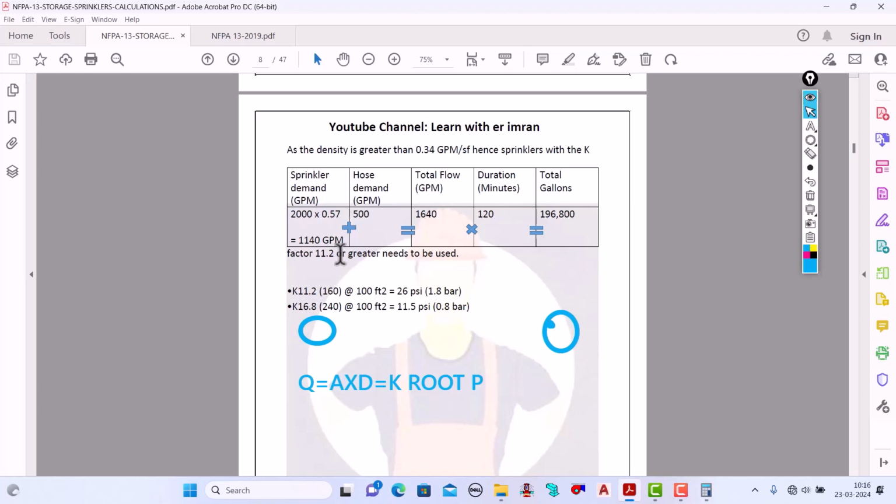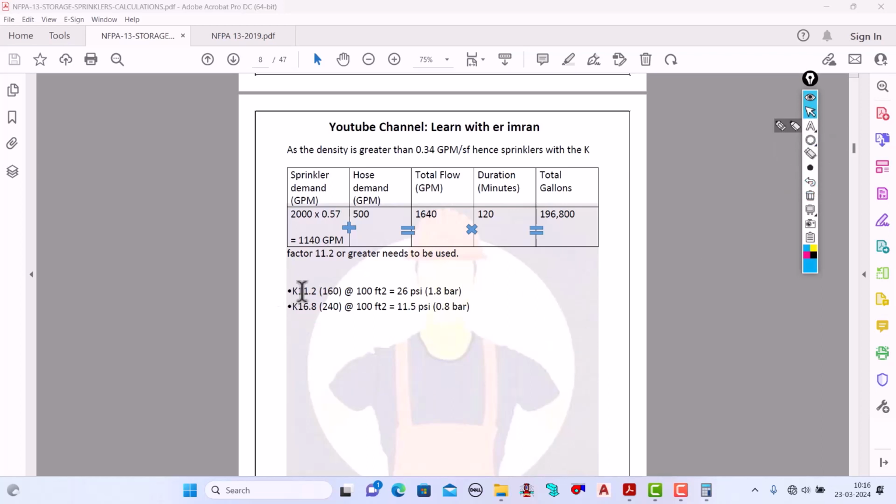So remember, if the density is greater than 0.3, then the sprinkler we select should have a K factor of more than 11.2. Remember, more than 11.2.